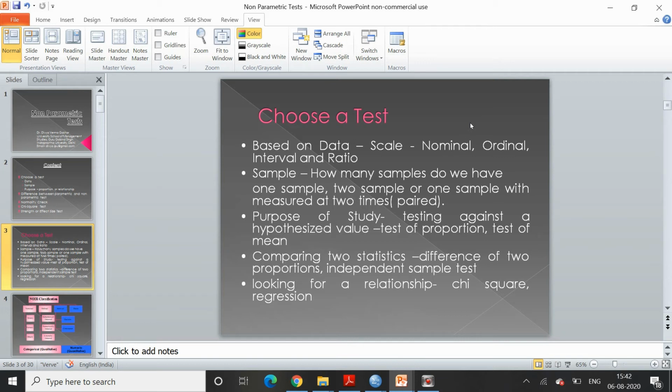Or third thing can be that we are looking for a relationship between variables. So we try to see the relationship, association between variables, and we use chi-square test or regression, where we want to know the direction of the relationship as well.